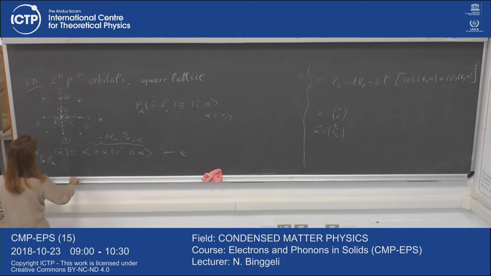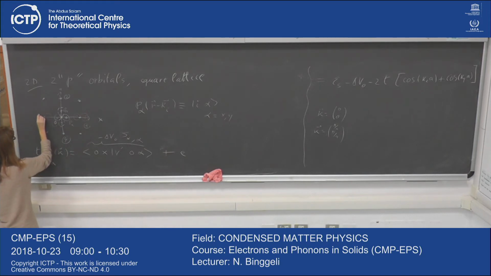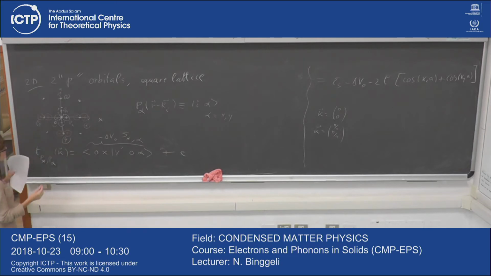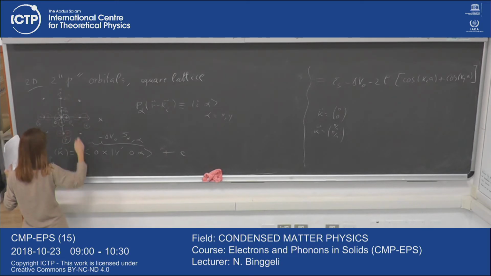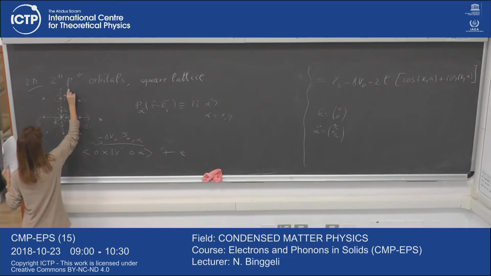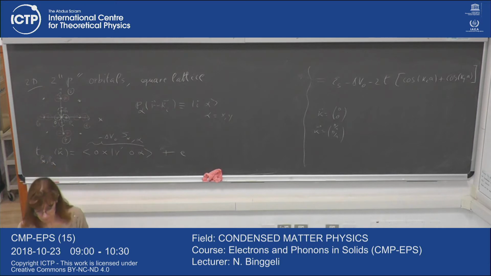Now, the orbitals that I have on this site are again px orbitals. So, I'm doing it for all first nearest neighbors. These are the x orbitals, and I have to consider also the y orbitals.